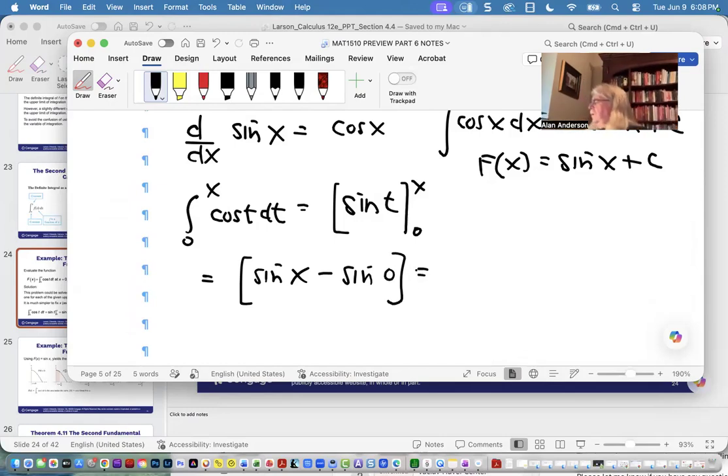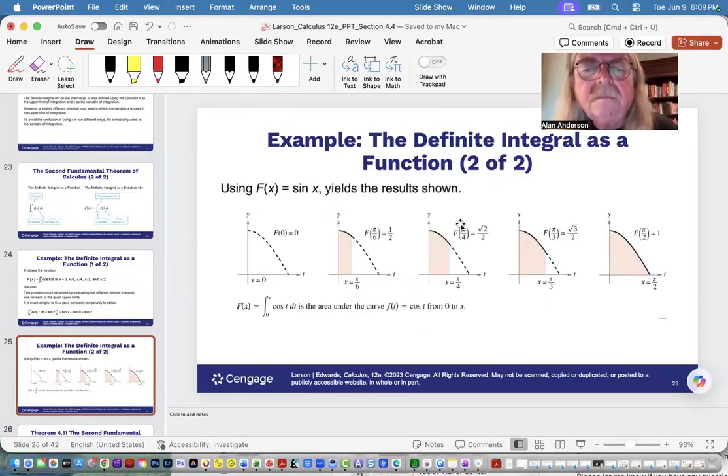So the sine of 0 is 0. You can confirm that on your calculator. Oops. Yeah, it's 0. So we end up with sine x. And at the end, you can see the right endpoint x equals pi over 2.